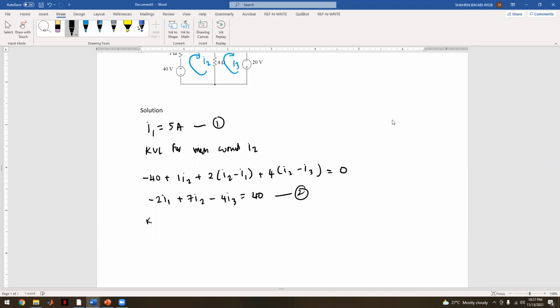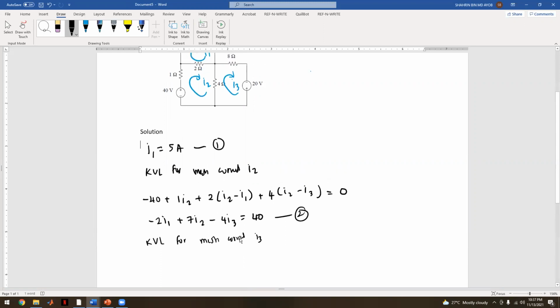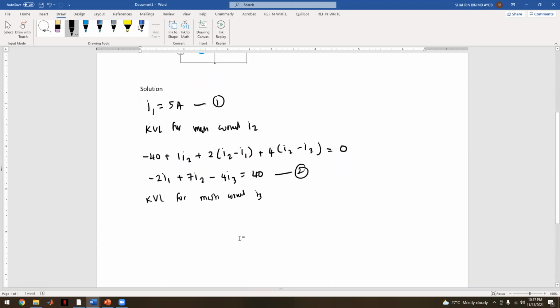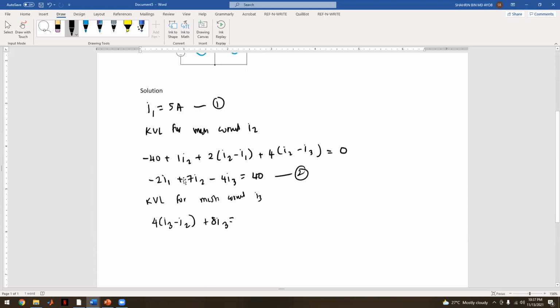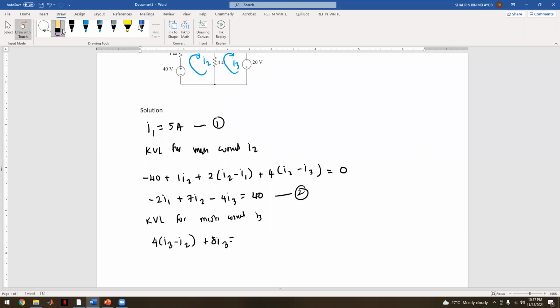Okay, and then KVL for mesh current I3. So you have 4 ohms times I3 minus I2 plus 8 I3, and this one is equal to, sorry, negative 20, equal to 0.